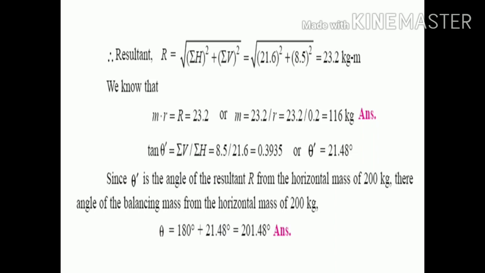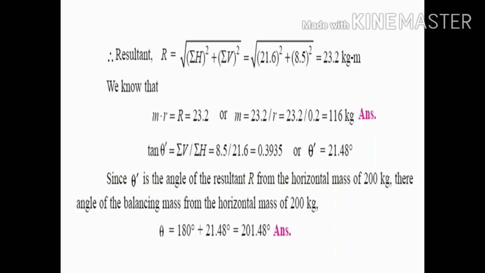Similarly, we can find the angle. So tan theta dash is equal to the summation of vertical forces divided by the summation of horizontal forces, that is 8.5 divided by 21.6, which is equal to 0.3935, and tan inverse gives 21.48. Since theta dash is the angle of the resultant from the horizontal mass of 200 kg, we need to add 180 here.